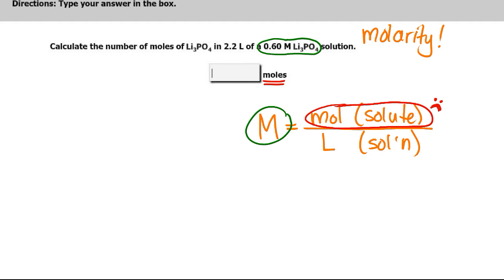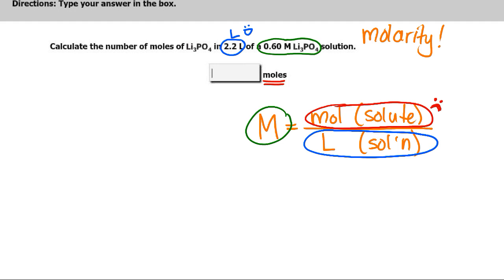The molarity is given here. It is 0.60 molar. And the volume of the solution is 2.2 liters. Now we have already done a molarity problem where we had to calculate, I believe, the molarity itself, and the volume was given in milliliters. Here we've got liters, which is super good.